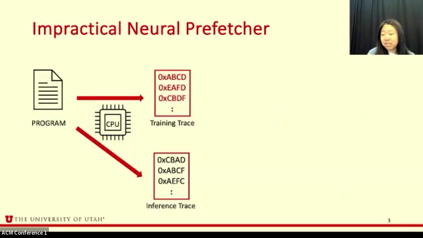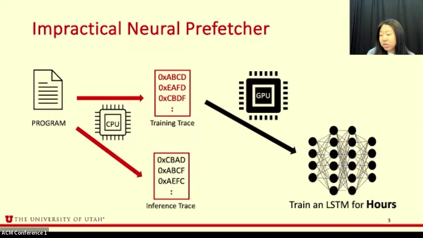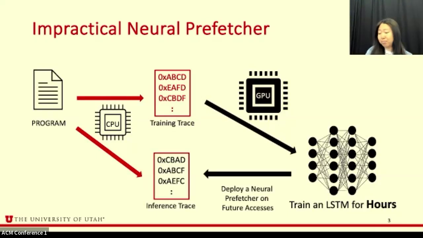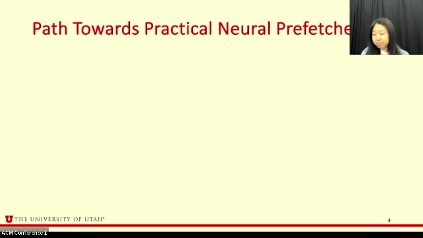The first reason is the neuron prefetchers are always collecting the training traces and the inference traces separately. And the second reason is they are required to do training on a GPU for hours to have a trained model ready to deploy on the inference trace.